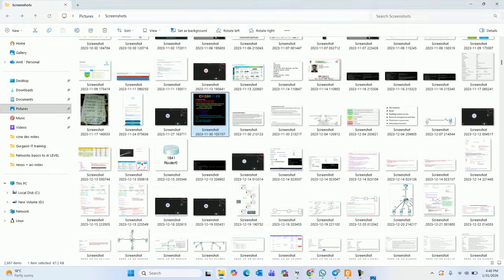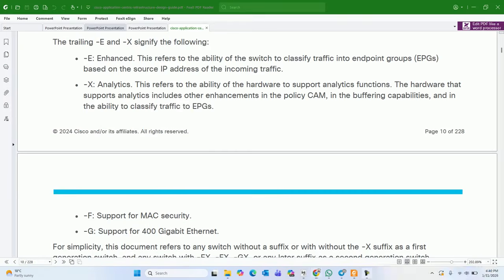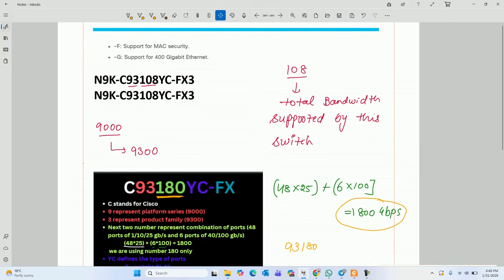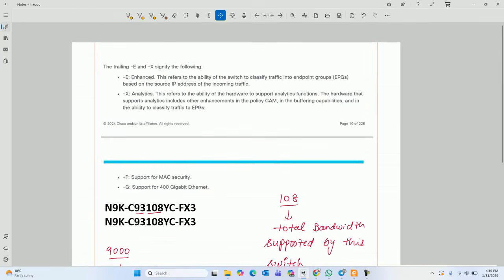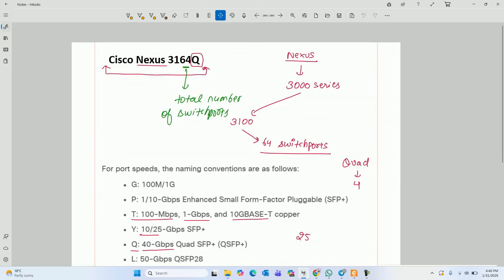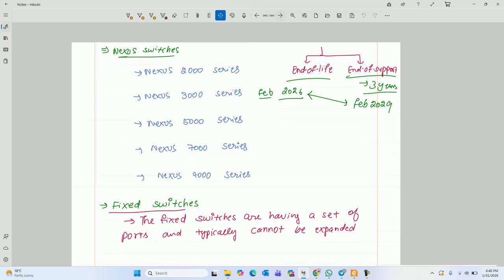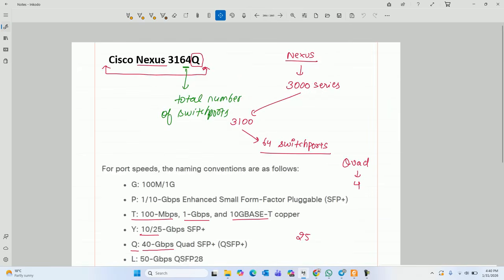So that's how the names are, and I hope now you guys will be able to make meaning out of it, why this specific name is given to a switch. So the name is self-explanatory. The name explains itself. Make sense, guys? Sorry, come again.